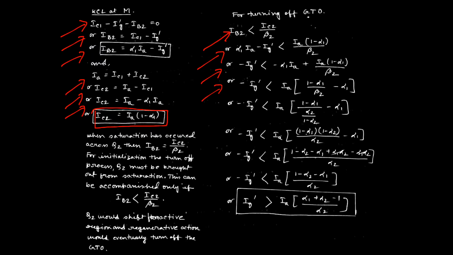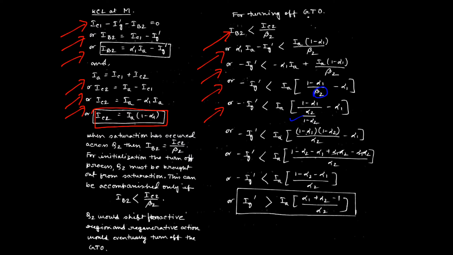Again, we can rewrite the expression: minus IG dash less than IA under bracket, 1 minus alpha 1 by alpha 2 by 1 minus alpha 2, minus alpha 1. As we know, beta 2 can be expressed as alpha 2 divided by 1 minus alpha 2. In the case of the transistor, beta 2 in terms of alpha 2 is represented by alpha 2 by 1 minus alpha 2.